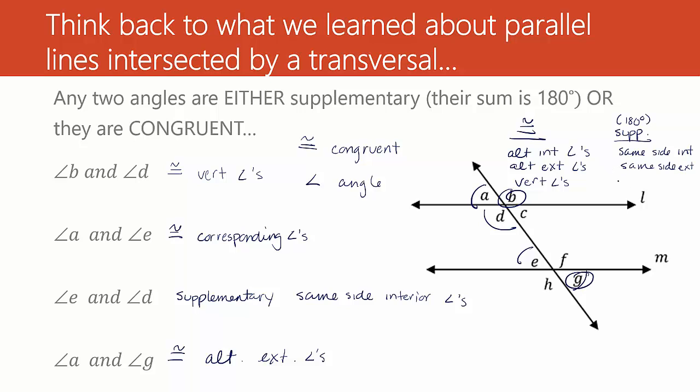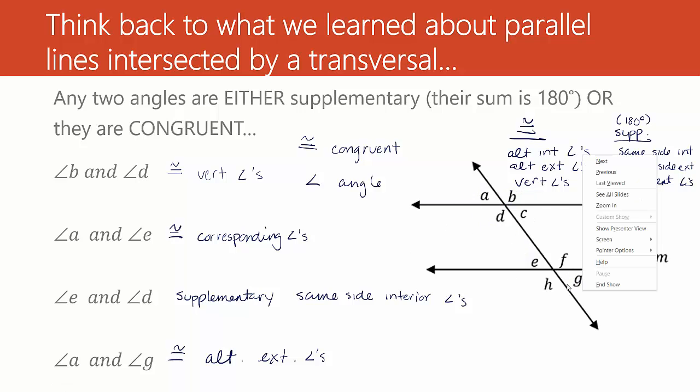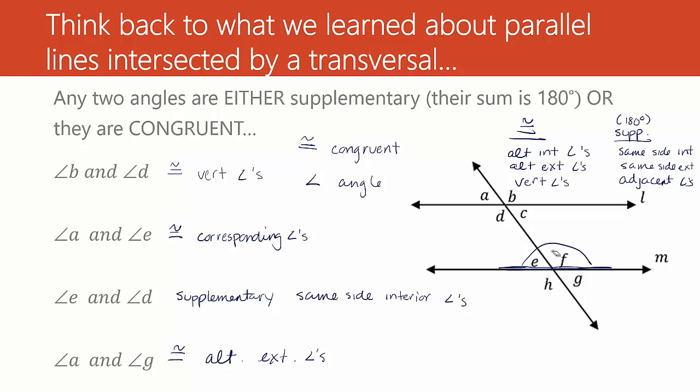And also adjacent angles. Okay, and this is all assuming that you have them on a line like we have right here. Like E and F, that's 180 degrees because the line is 180 degrees. So when they're adjacent and they're right next to each other, they're supplementary.